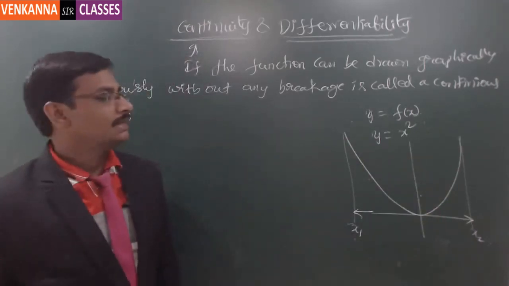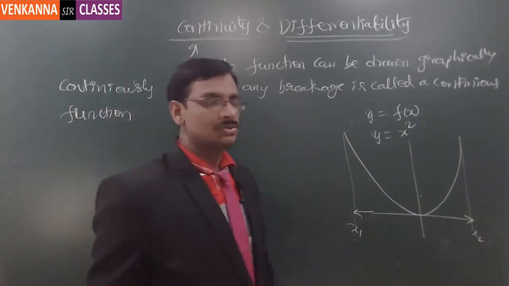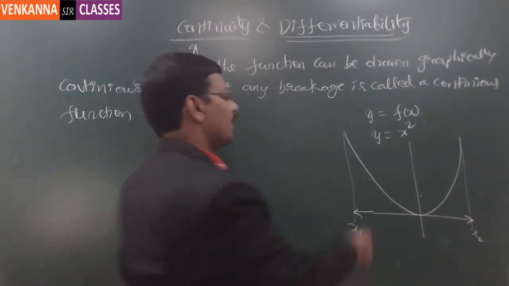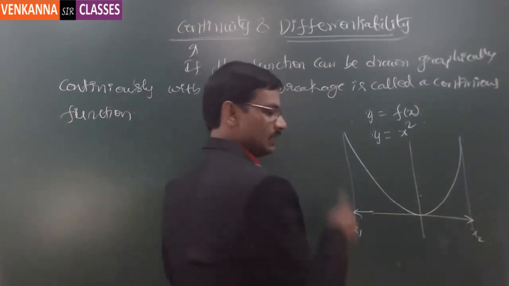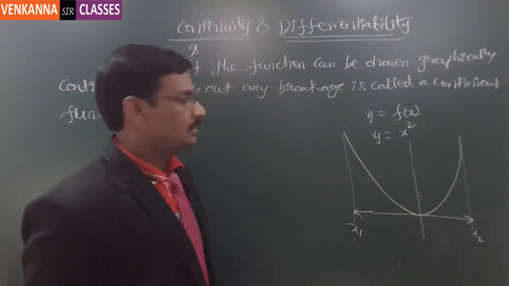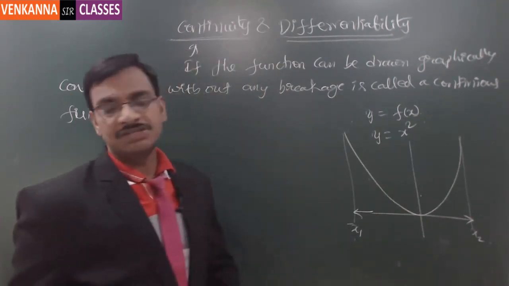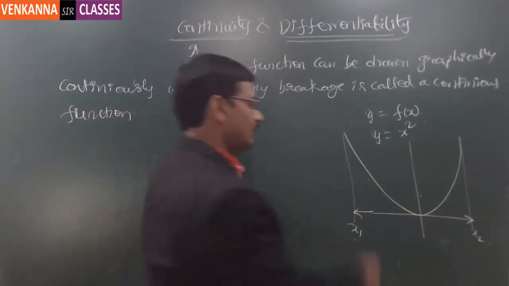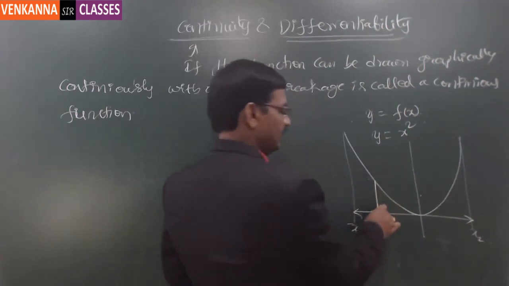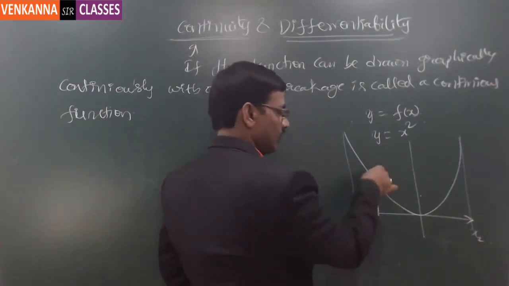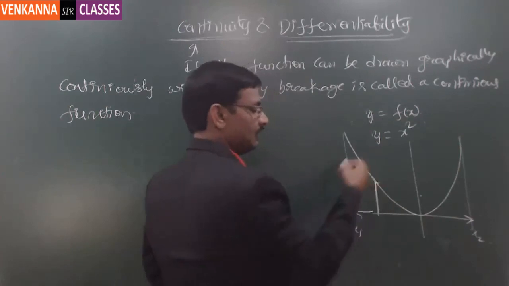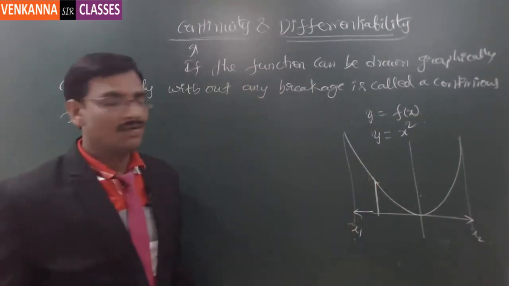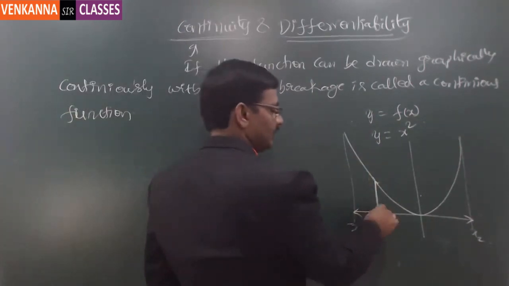But analytically, if you want to test it, the way you do it is, at any point of your interest, randomly select a point and check whether the function is continuous or not there. If I could draw this graph continuously at this point, then it is a continuous function. Now I am going to check the same thing in an analytic manner.